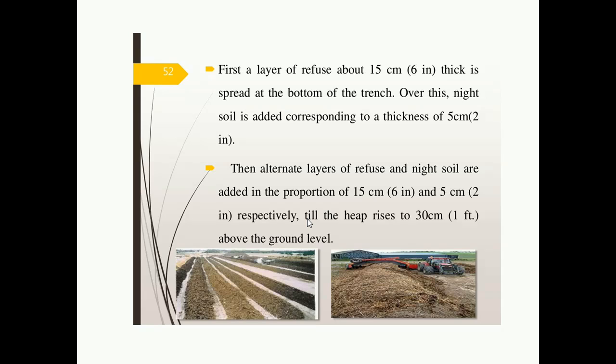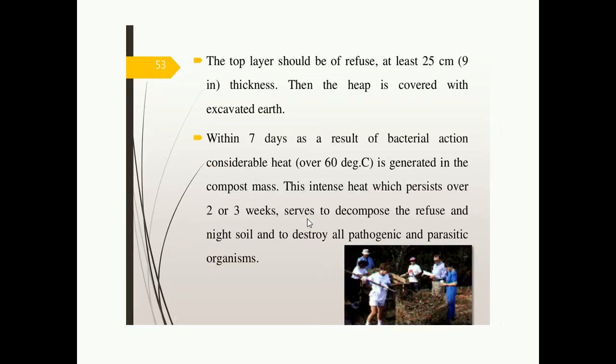These layers are prepared alternately till the heap rises to 30 centimeters, that means 1 foot above the ground level. That means alternately we are filling refuse and night soil up to 30 centimeters above the ground level.